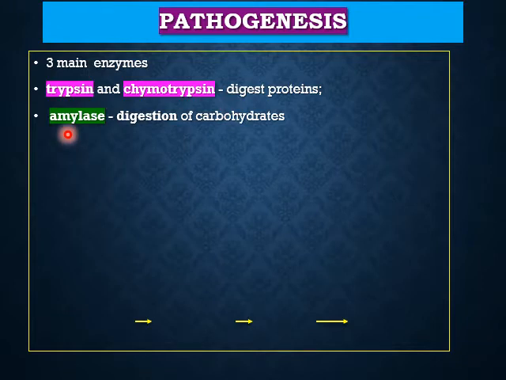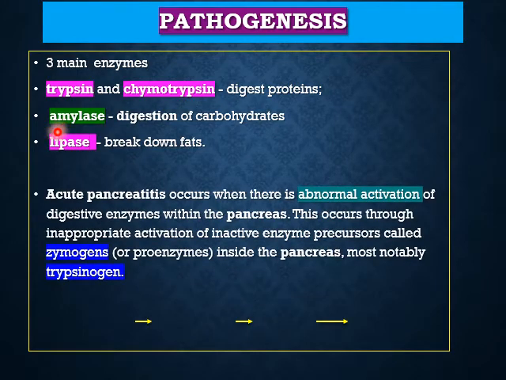The second enzyme is the amylase, which is predominantly for digestion of carbohydrates, and lipase, which breaks down fats. Okay, so these are the three main enzymes from the pancreas, and they are responsible for digestion of carbohydrates, fats, and proteins.